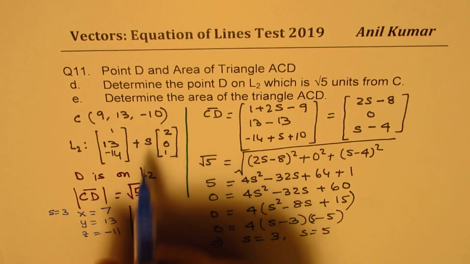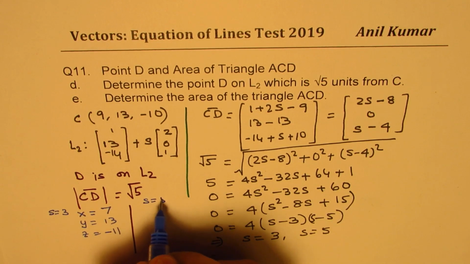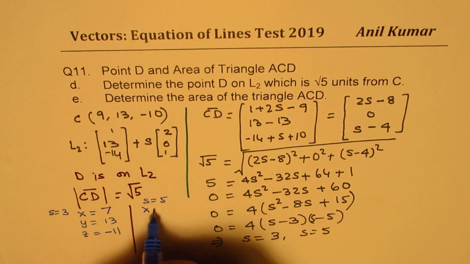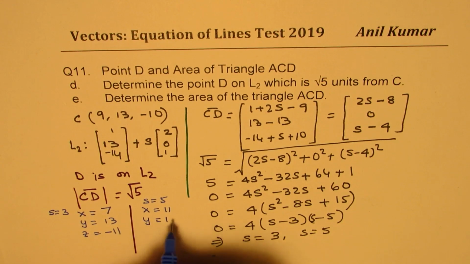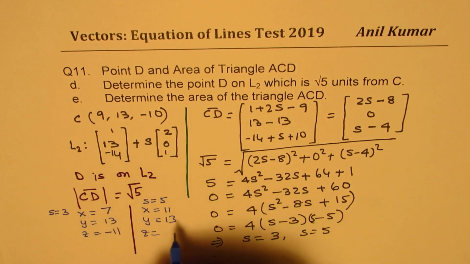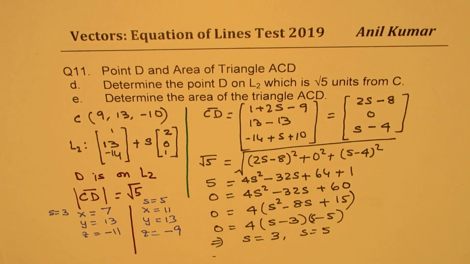To take 5 as s, if I take s equals to 5, in that case, 5 times 2 is 10 and 1, 11. So we get x equals to 11, y equals to 13, and z equals to, s is 5, so we get minus 9 as our z value. So those are the 2 points for D, right?